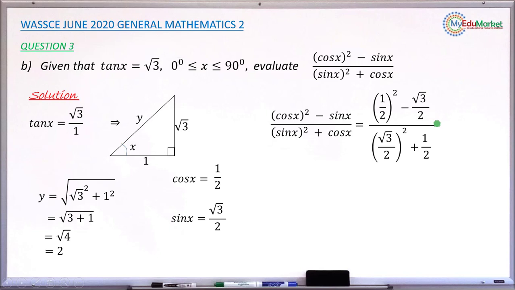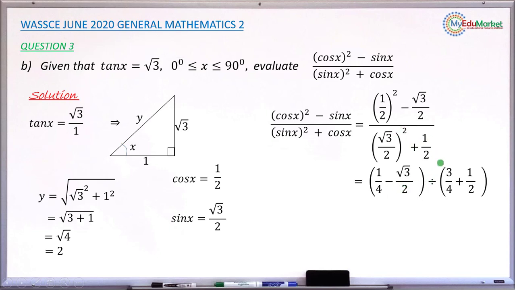So if I change this fraction, instead of the all over, let me change it to a division sign. You now have the numerator 1 over 4, which is the result of 1 over 2 whole squared, giving 1 over 4. Copy that, minus root 3 all over 2. This will be the numerator divided by the denominator.